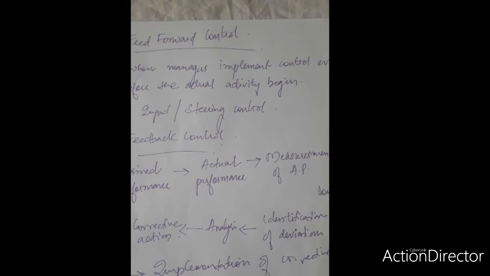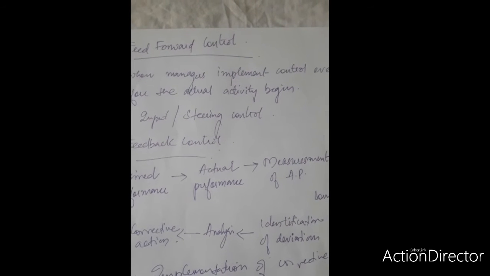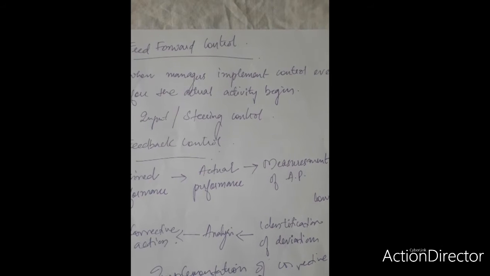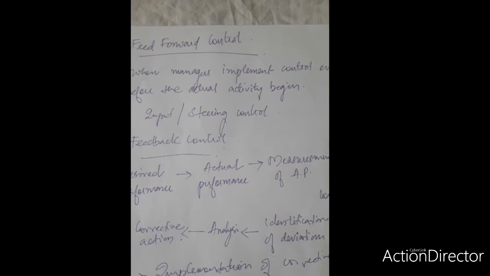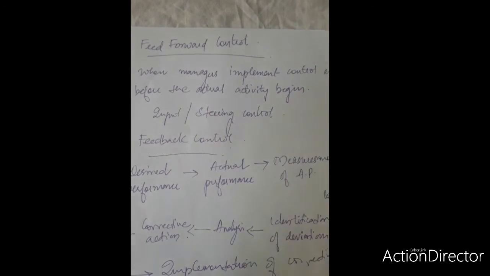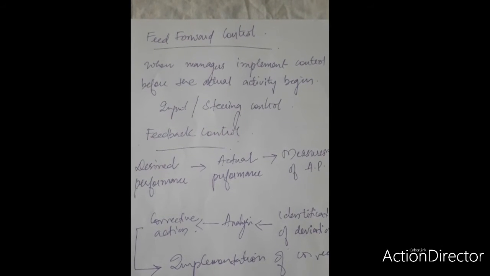That is feed forward control. It tells managers it's time to take corrective action well in advance before the problem actually occurs. It is also known as input control or steering control.